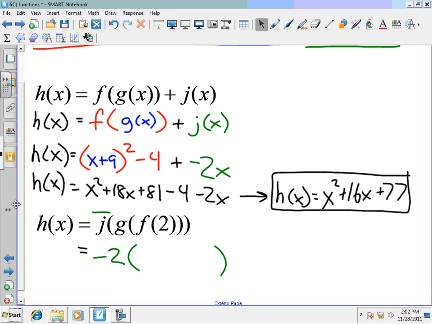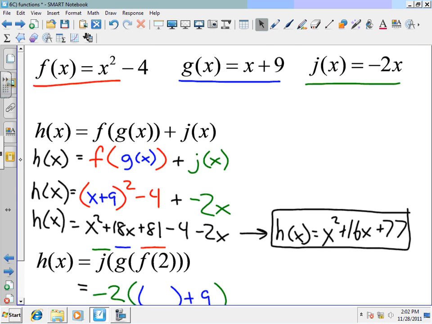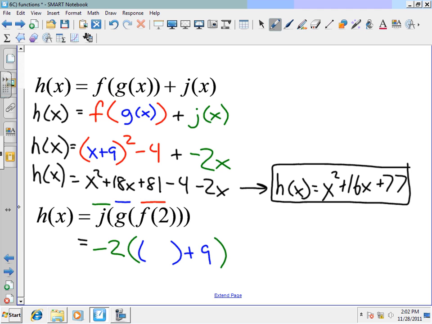So there's j, and the g is in blue, I believe, and the g is x plus 9. So I'm going to say input plus 9. Notice I use parentheses. And then the f of x, or the f of 2 now, is simply x squared minus 4. So we have x squared minus 4. And what am I going to put in? A 2. Okay? So that's what it looks like.